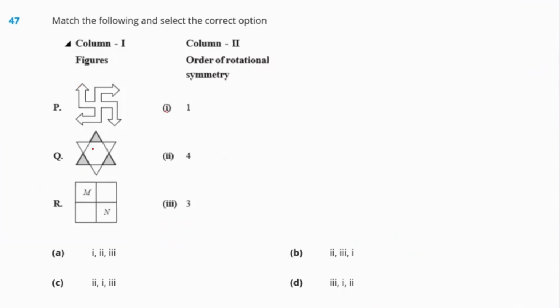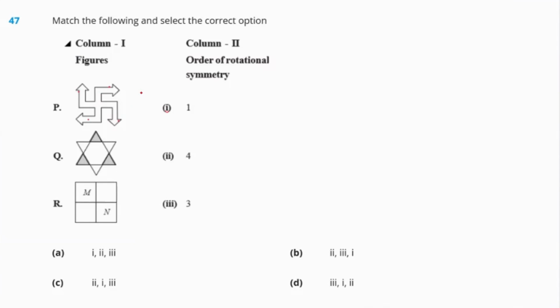Here, match the following and select the correct option. We have to match it and select the correct option. First, we have to arrange these in the order of rotational symmetry. The first figure has four sides, 1, 2, 3, 4. It can rotate at 90 degrees, 180 degrees, 360 degrees.